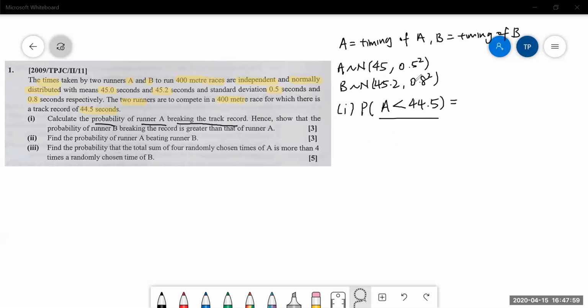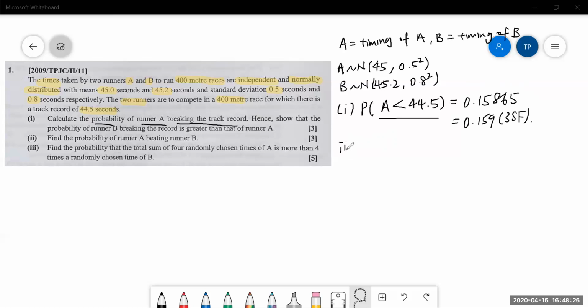I just did the same thing, something must have gone wrong. Okay, never mind. What's the answer? It's 0.159. So it's 0.1593 to 4 significant figures.